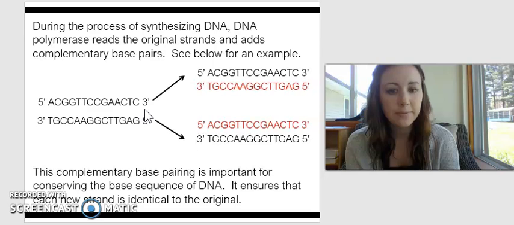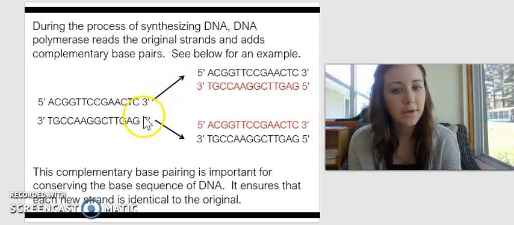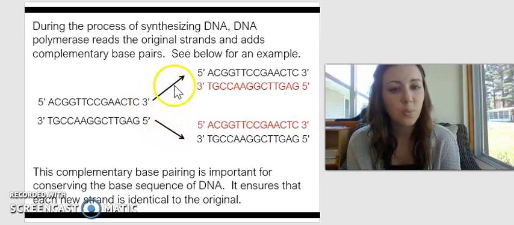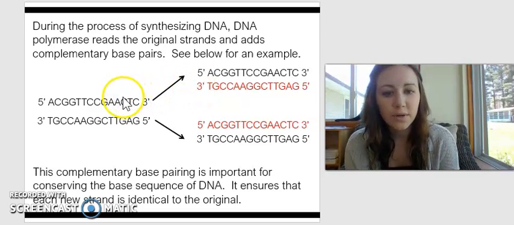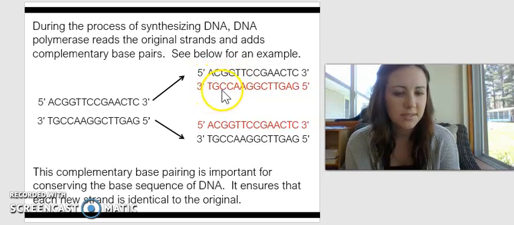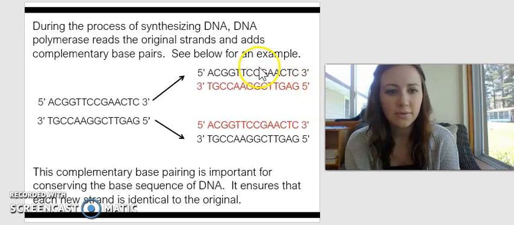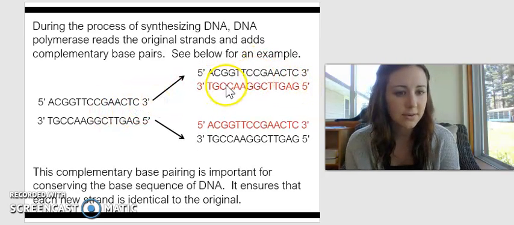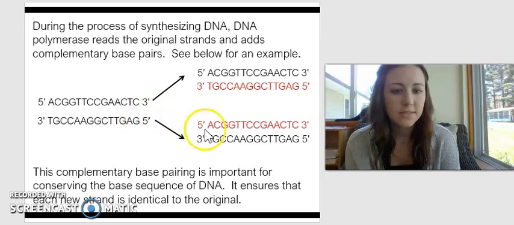Now with DNA replication, remember, we're going to separate those 2 strands and then we're going to add the complementary strand. So now we're going to take this part here. We have the A, C, G, G. Now here we're going to have T, G, C, C again. Now if you look, we created an identical copy. Same thing down here.